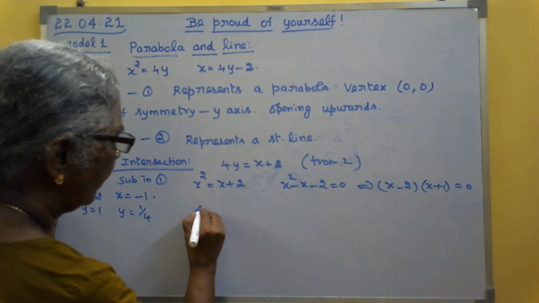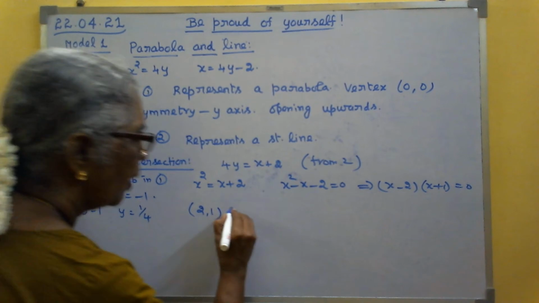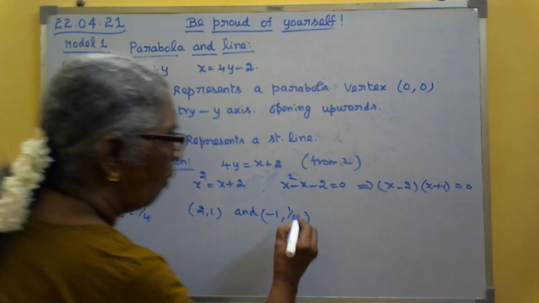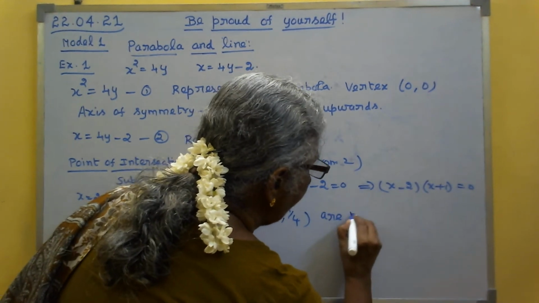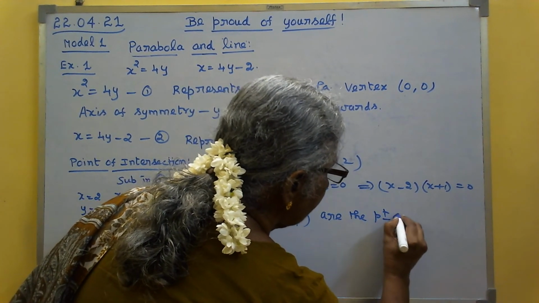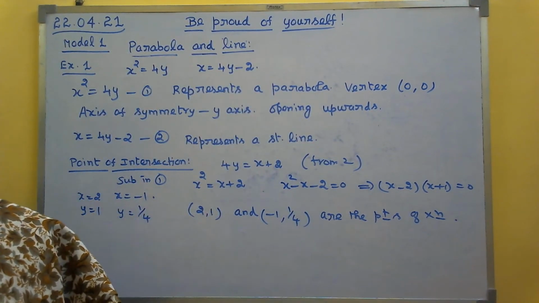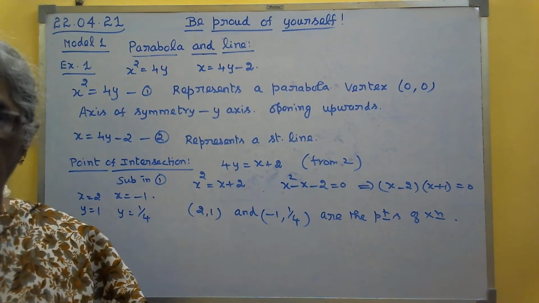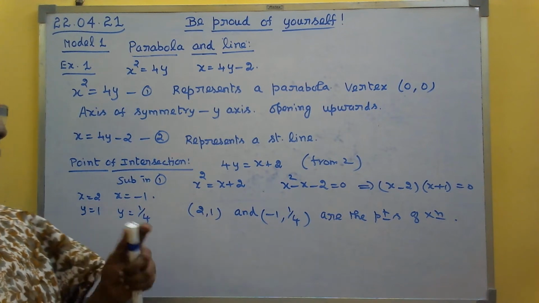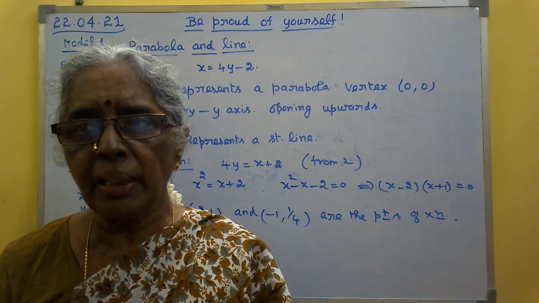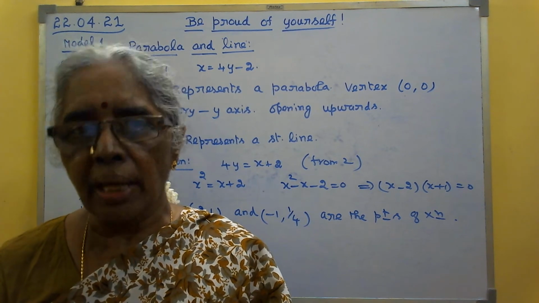So now you get (2, 1) and (minus 1, 1 by 4) as the points of intersection. Now you should be clear about the two steps we have done. The first step is the description and the second is to find the point of intersection. Are you clear up to that? Now we are going to sketch the figure.